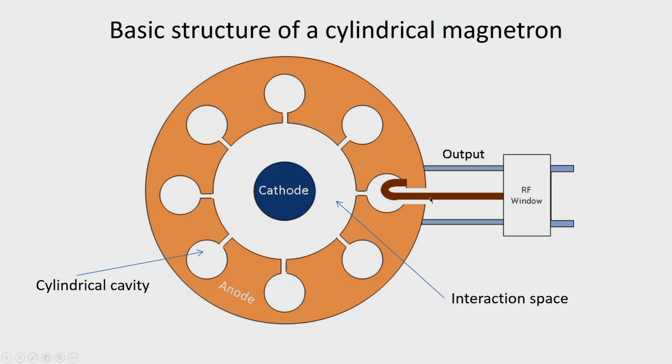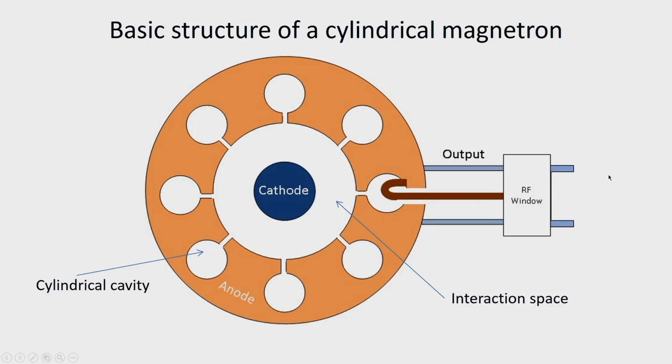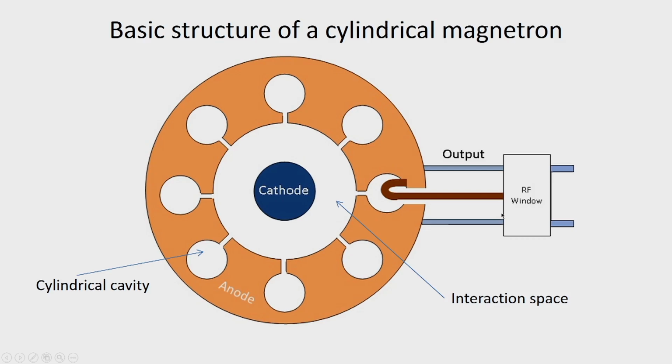and since these are evacuated devices, we need to connect this device to the rest of the circuitry operating under normal atmospheric conditions through an RF window, which acts as a barrier between this vacuum and the normal atmosphere outside the window.